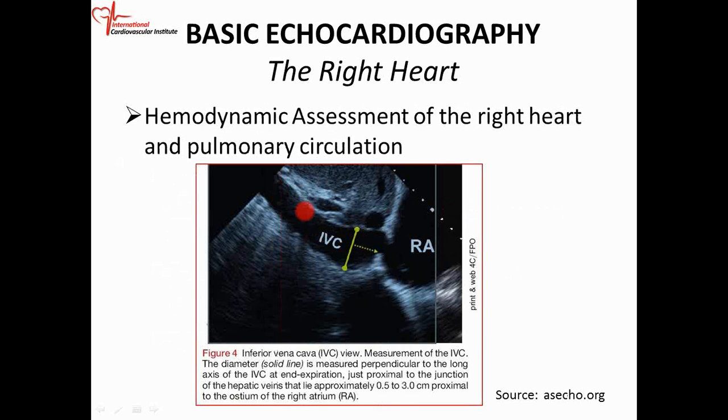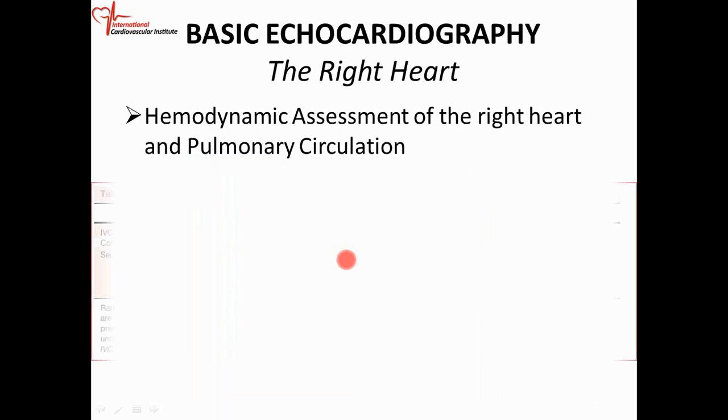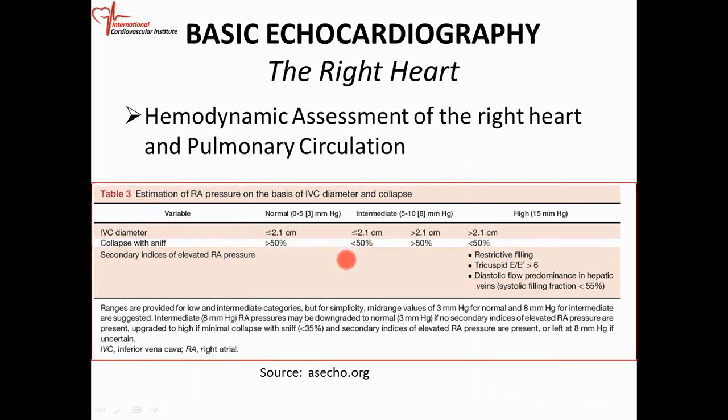This is our IVC right here. This is the hepatic vein entering into the IVC. So you're going to measure just proximal to it. This is the measurement, and as I mentioned before, it's best to use the M mode to see if there is an inspiratory collapse.